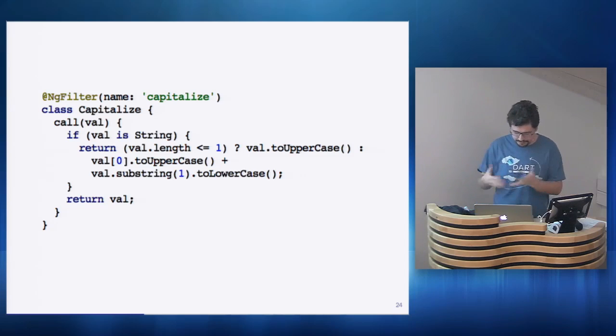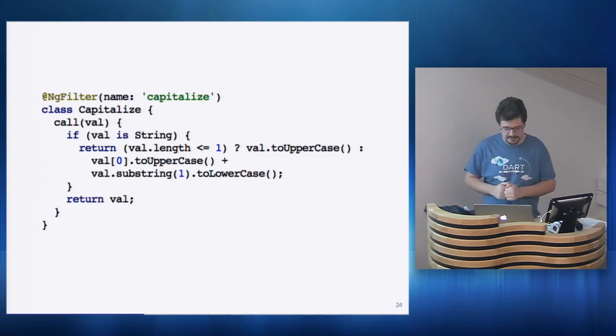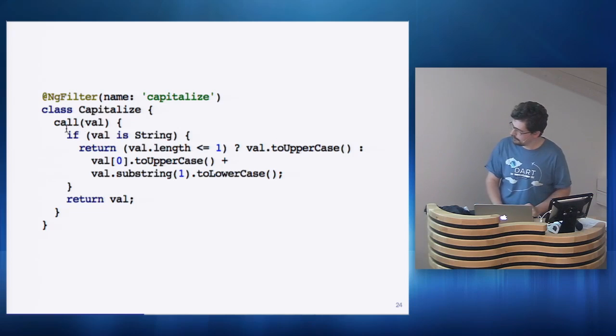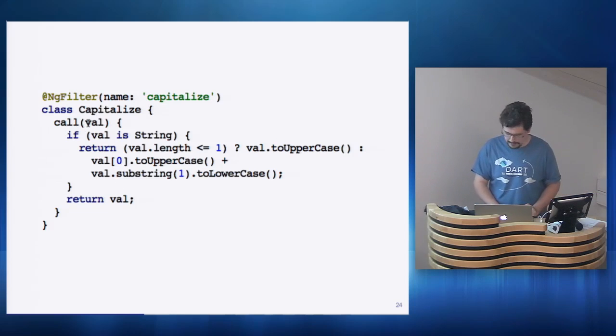And then when you write mustache with the pipe capitalize, Angular will take the value from the left side and pipe it through your filter using the call here. The value comes here, and the value goes there, and there is a pretty simple code down here, and the value returns here or here. It doesn't matter. It's just a capitalization. Take the first character and make it big, and all other characters make it small.